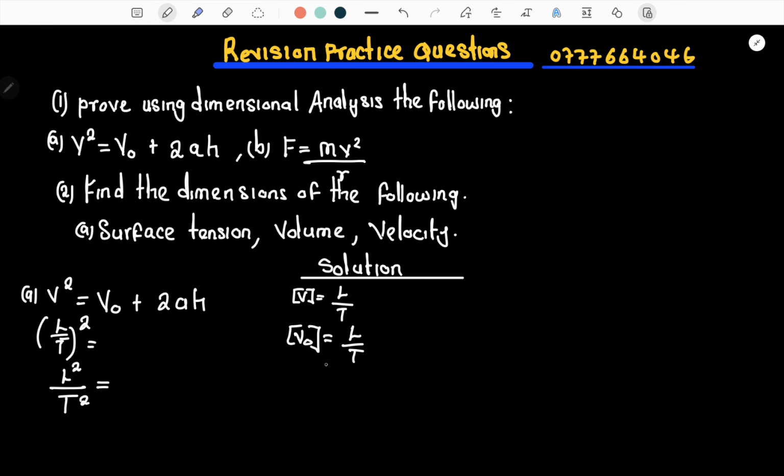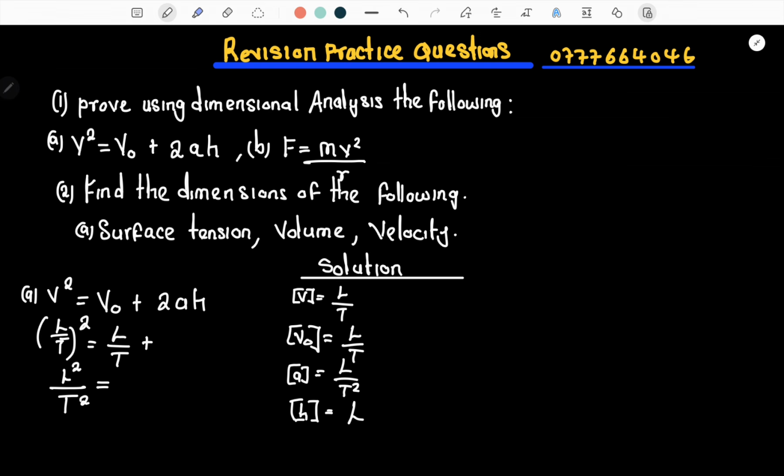Then what are the dimensions of acceleration? The dimensions of acceleration is simply L over t power 2. Then the dimensions of height, which happens to be some displacement, is simply L. So, where there is v initial, I can replace with L over t plus.